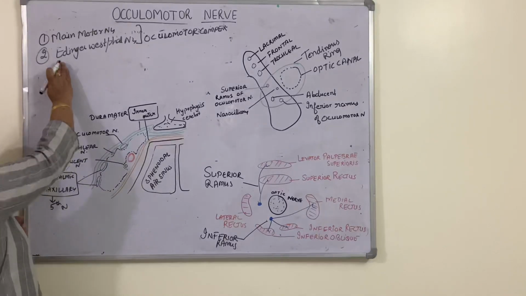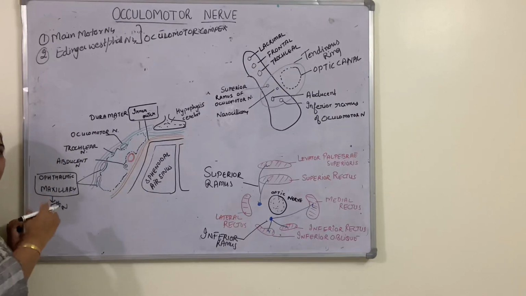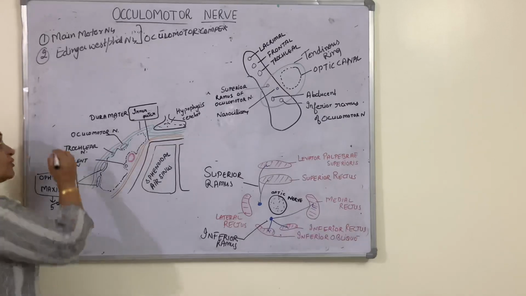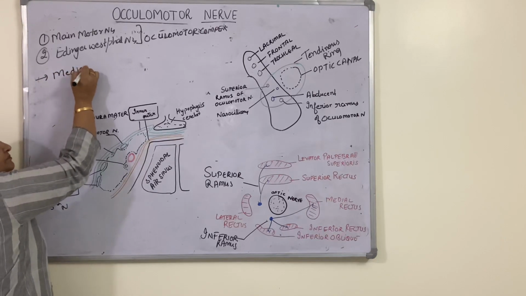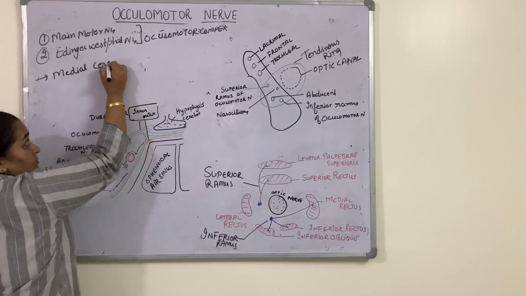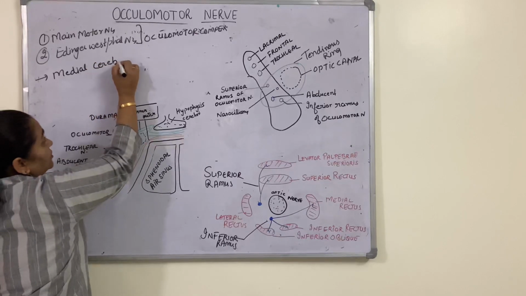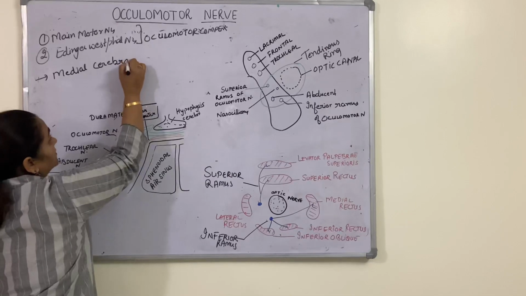Now the fibers leave the midbrain from the medial side of the cerebral peduncle. So they come out of the brain on the medial side of the cerebral peduncle.